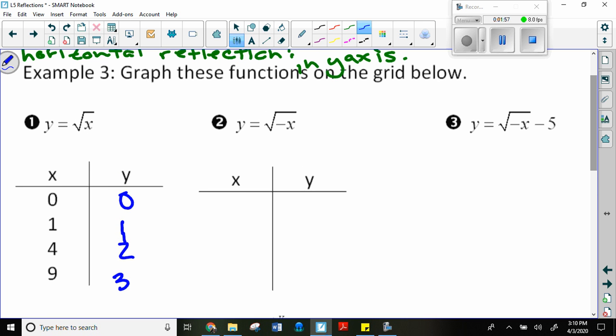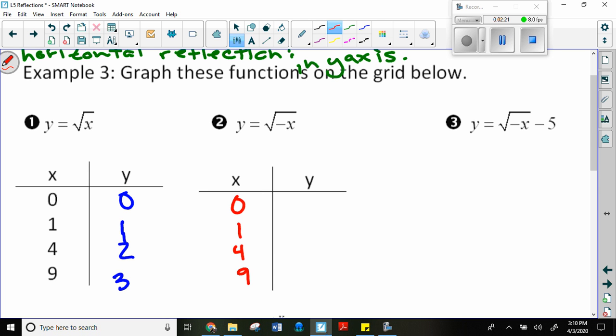Life is good. Okay, so we're going to cheat, and we're going to take the exact same x values, and I'll do that in red, because we want to see what happens to our base graph if we make x a negative value.